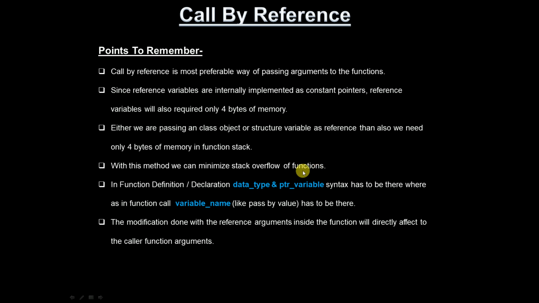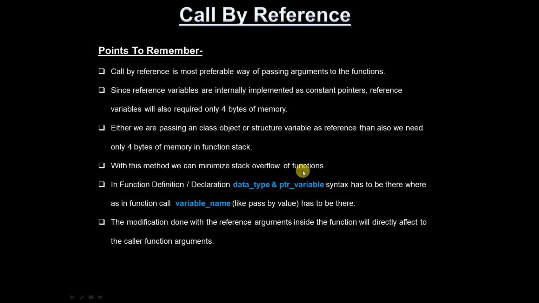Why will the stack overflow problem come? If you are allocating a lot of memory in the function stack, at some point you will face insufficient memory, and at that time stack overflow will happen. We can minimize that by using the call by reference method.